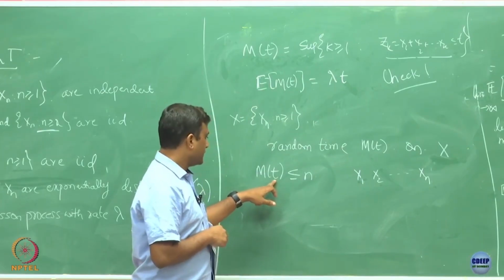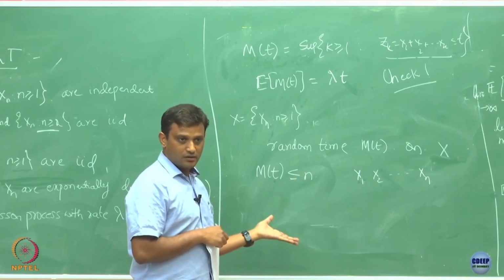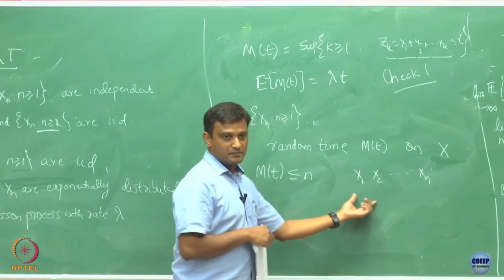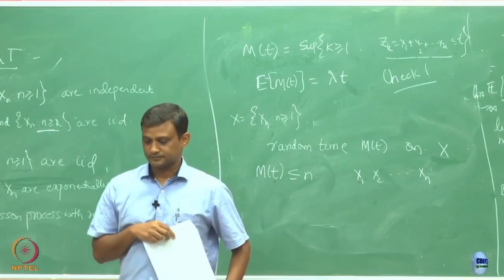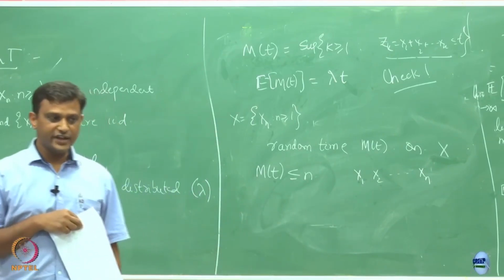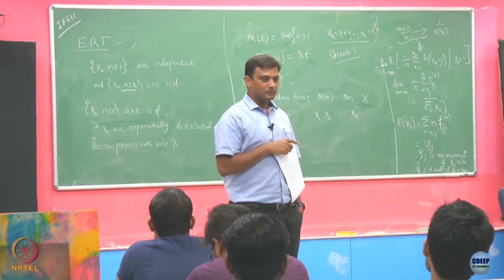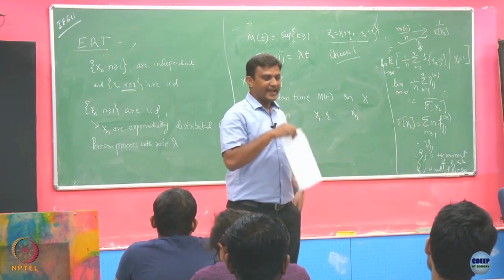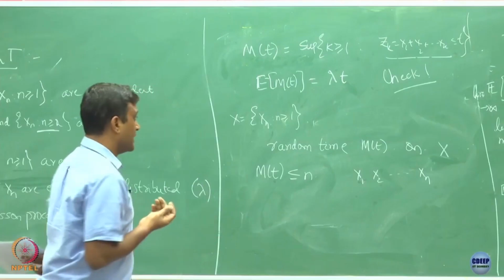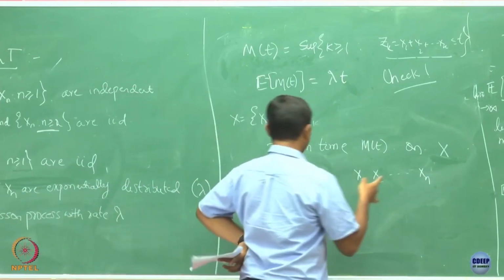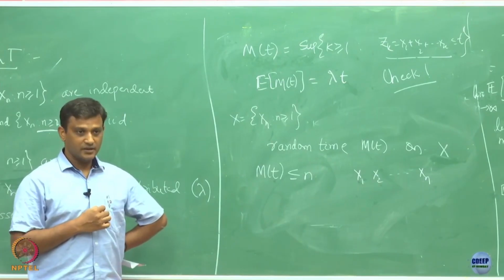If m of t is less than or equal to n, what I know is this sum has to be less than or equal to t, right? But does it also tell you that the n plus 1 lifetime has not happened within this t? All we know is X1 plus X2 and so on is going to be less than or equal to t.